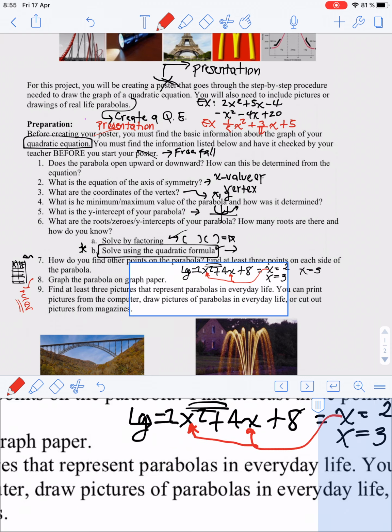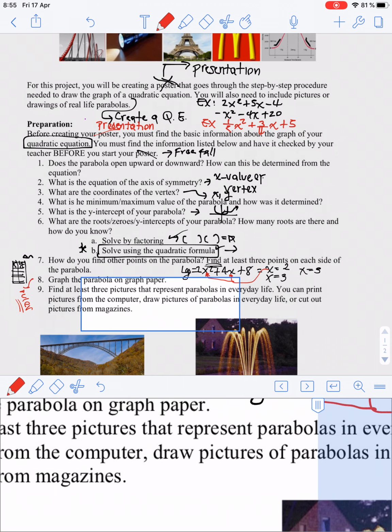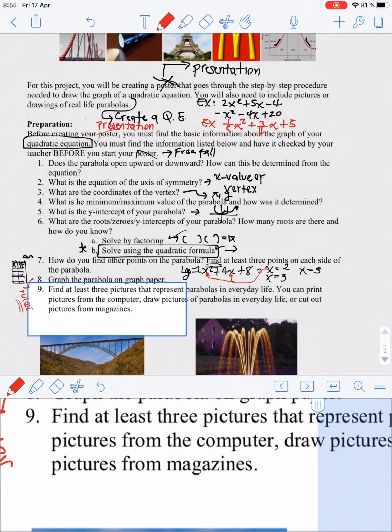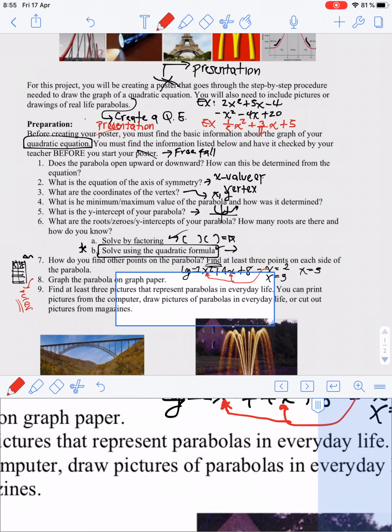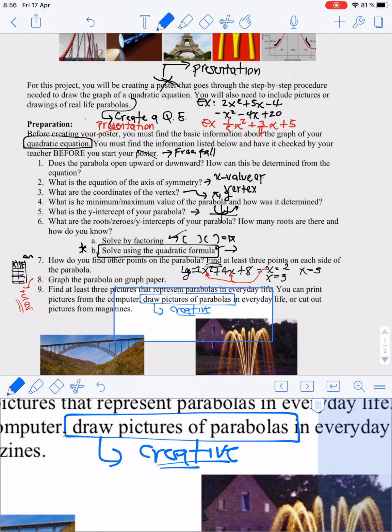Finally, street pictures that represent parabolas in everyday life. You can print pictures from a computer, draw pictures of parabolas in everyday life, or cut out pictures from magazines. In this case, based on the situation, I think the best option for you is to draw pictures of parabolas. In this one, try to look for not common examples, rare examples.